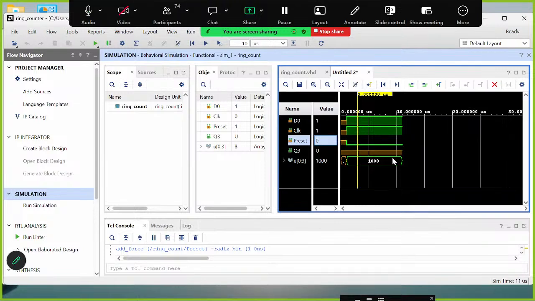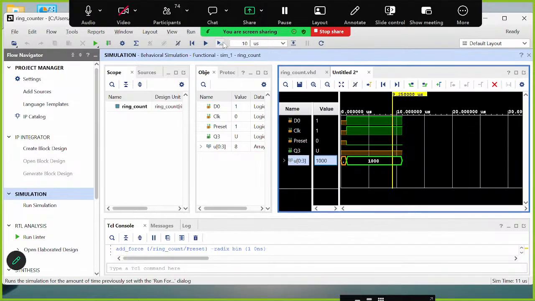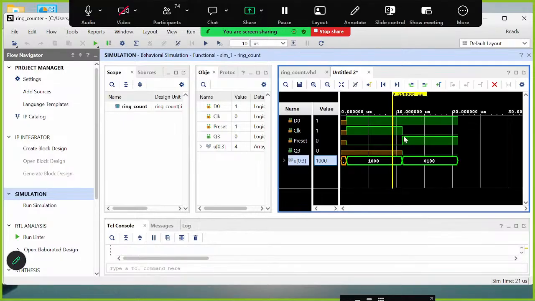Let's run again and see what we have done. Now you can see whenever the clock comes, it is shifting. It is shifted by 1, and Q3 is now getting the output 0 because we get the shifted data.